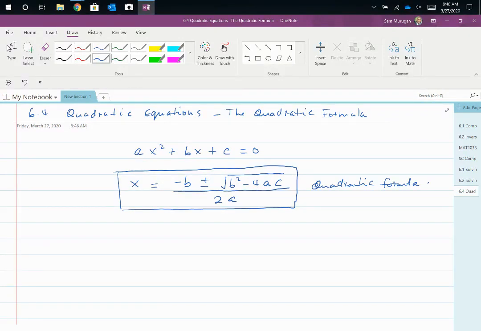So we're going to get right into solving problems using the quadratic formula.